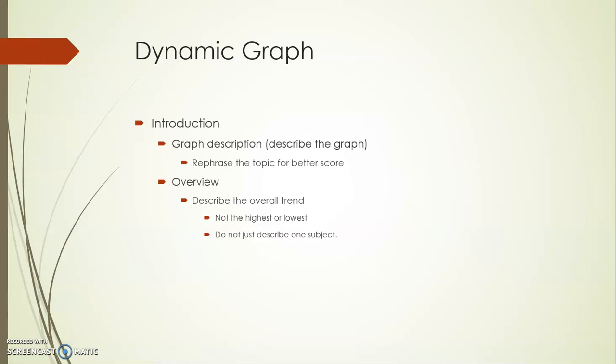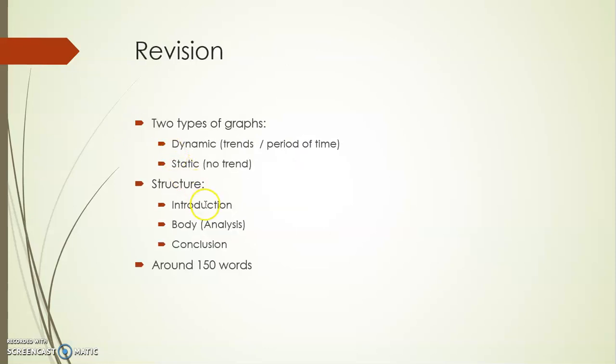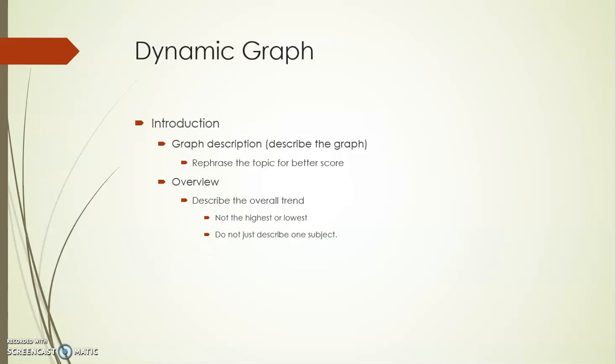Okay, so we've discussed the structure just before this. We have the introduction, the body, and the conclusion. So let's look at the introduction first. What do you need to write in the introduction?